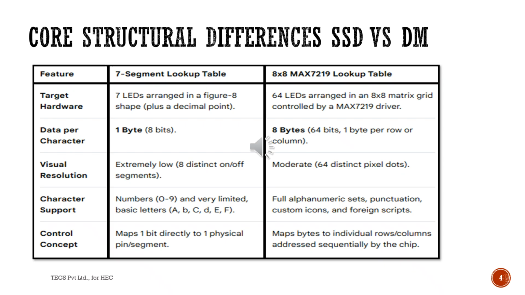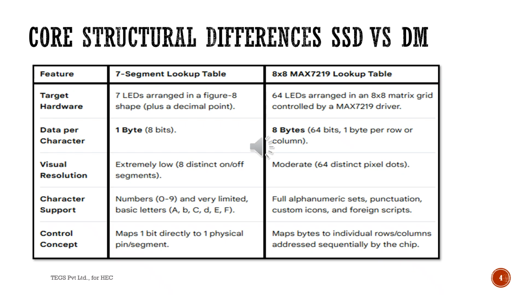Visual resolution: the 7-segment display has very low resolution, while the MAX7219 has moderate resolution with 64 distinct pixel dots.